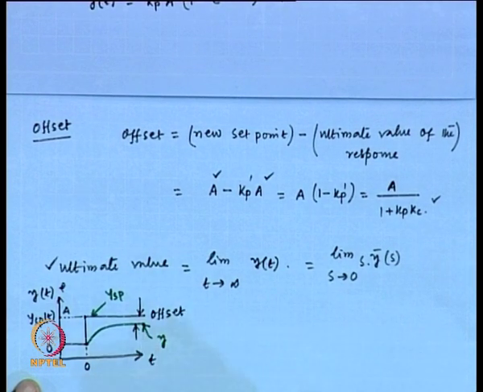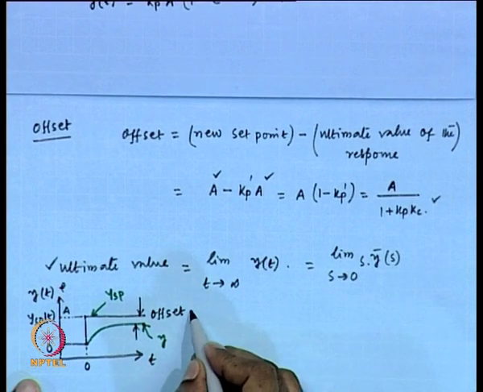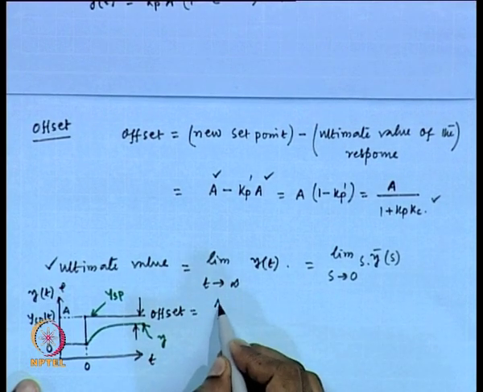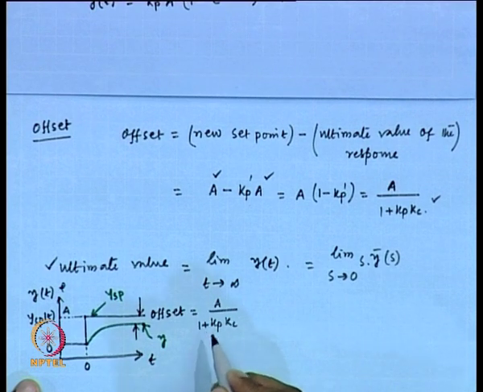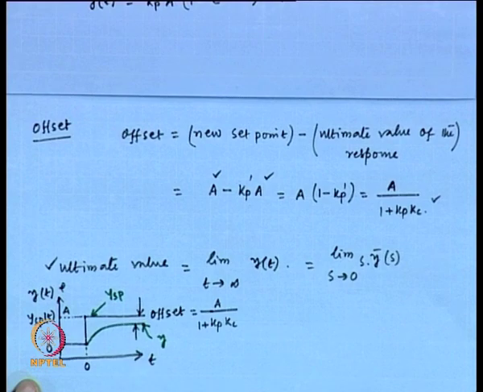This difference is offset, and mathematically it is A divided by 1 plus Kp Kc. Mathematically we obtain offset equals A divided by 1 plus Kp Kc.